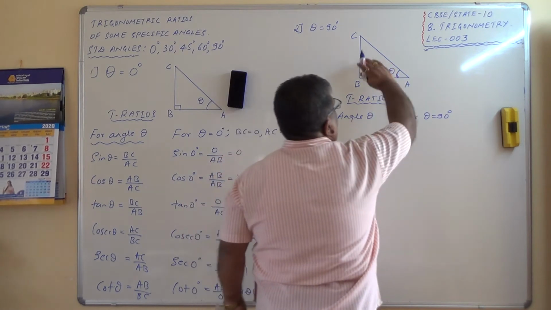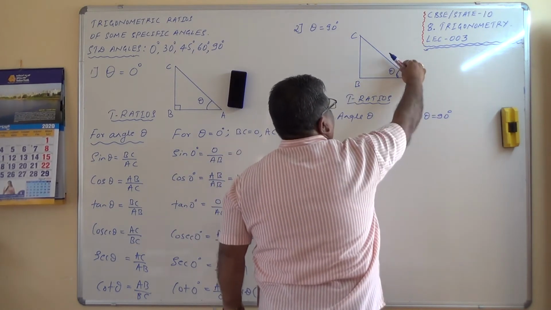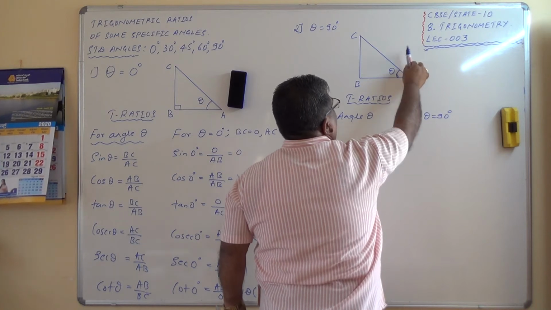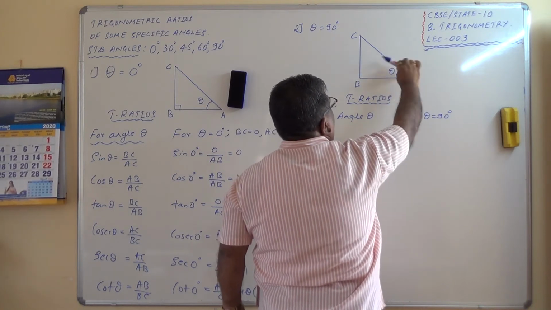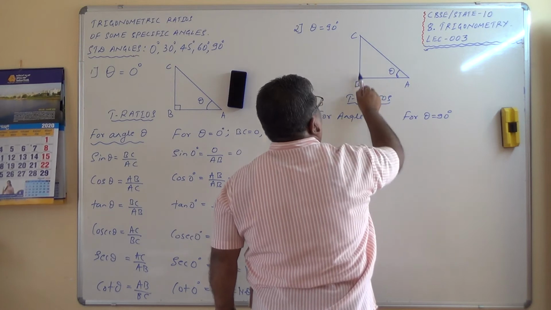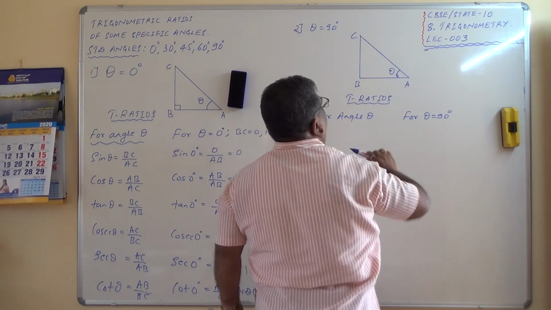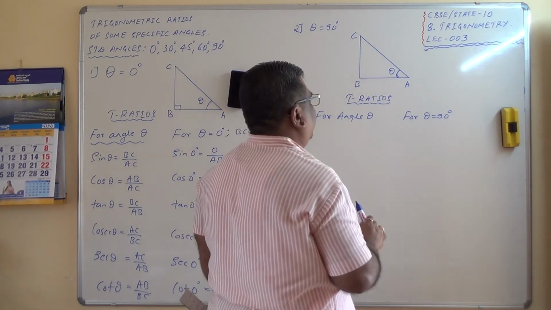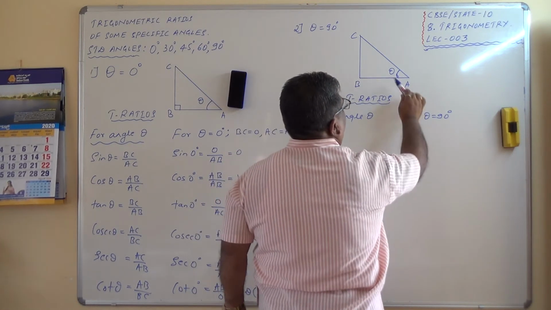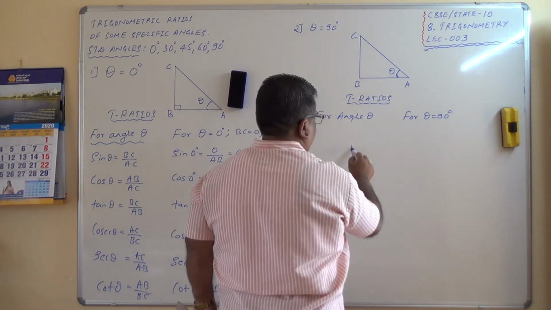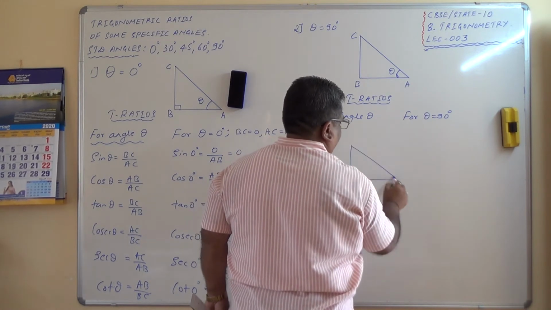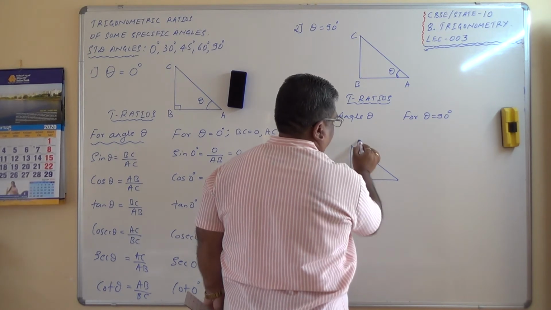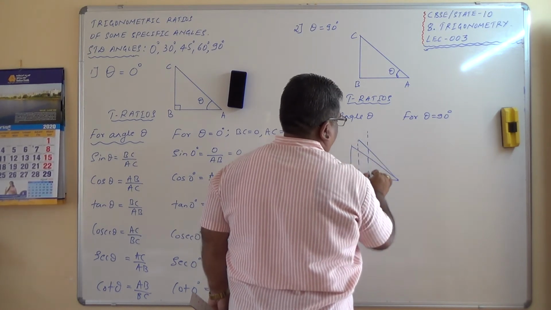If theta becomes 90 degree, meaning this is theta here, this will become 90 degree here, meaning as this goes on increasing, this side BC also will increase and finally AC and BC will coincide together, whereas AB will become 0. Like, this is how it is, 90 degree. How I represent it over here is, see here, this is how theta is increasing.